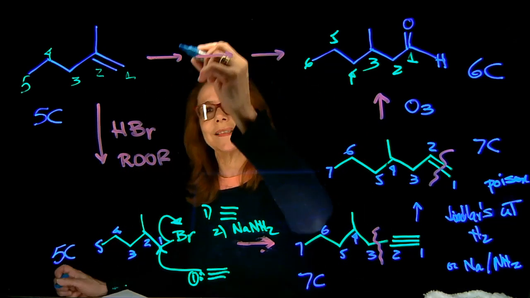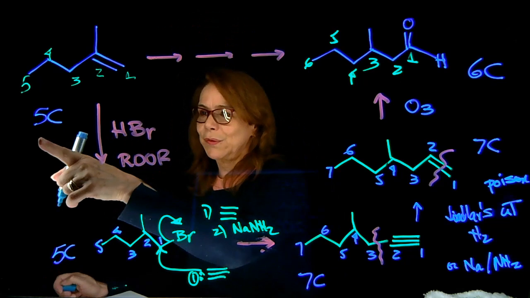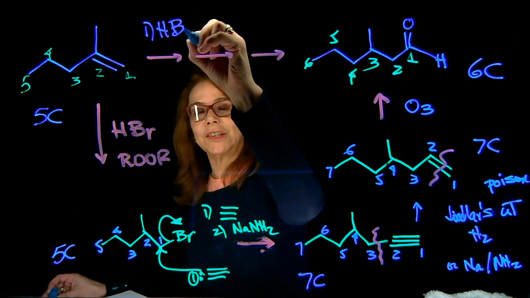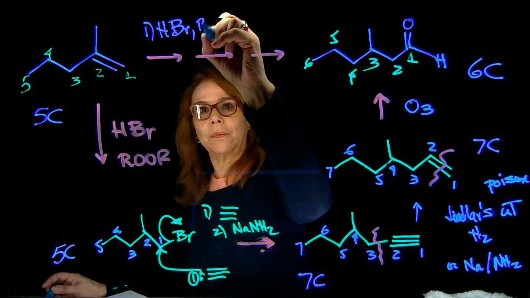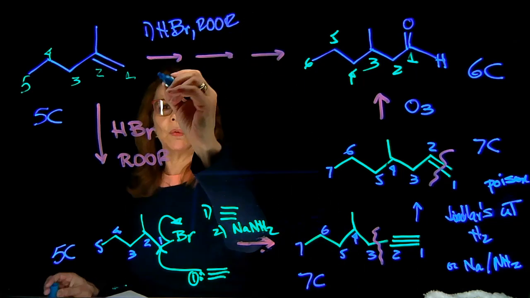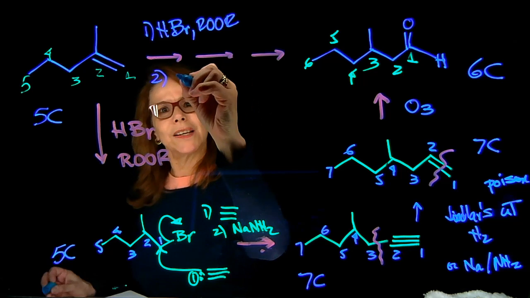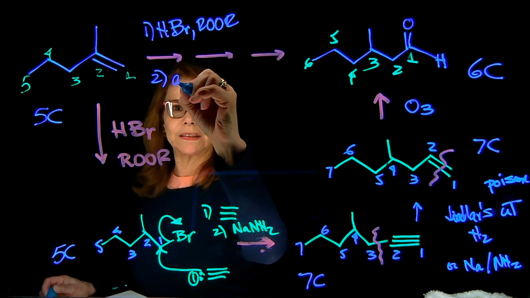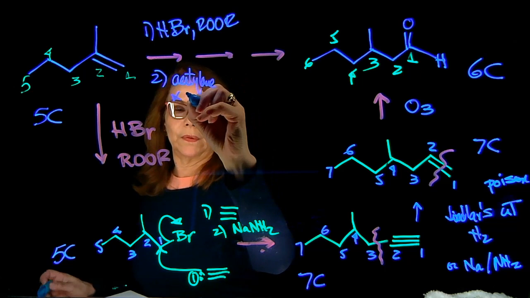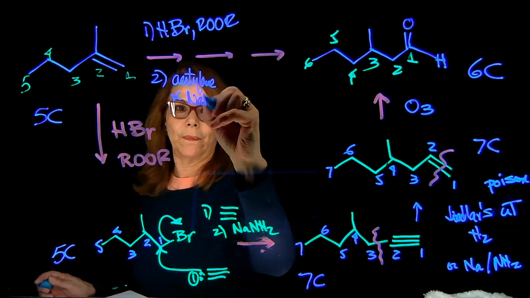So summarizing, all the steps were from this one here. First, a hydrohalogenation with peroxide. The second step involved the reaction. I need to prepare, I have acetylene and sodium amide.